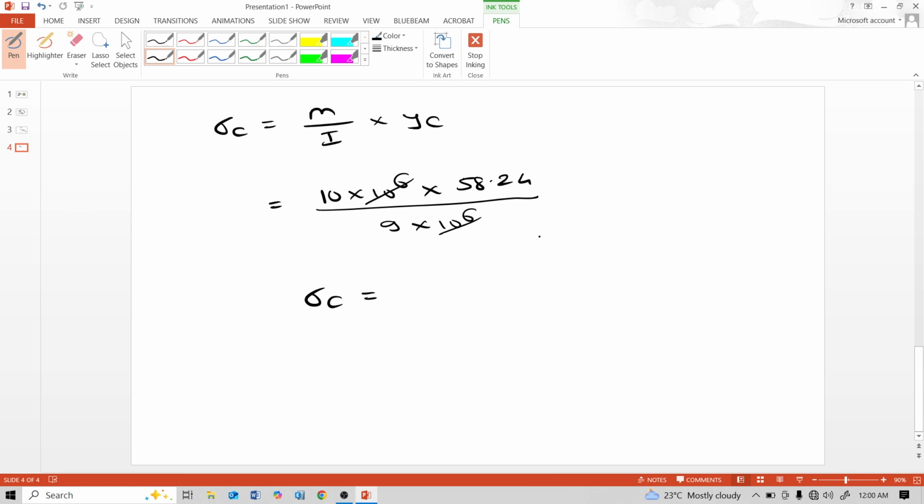That means 64.71 Newton per mm square or MPa is the stress at the compression side.